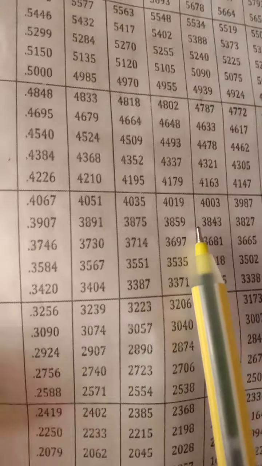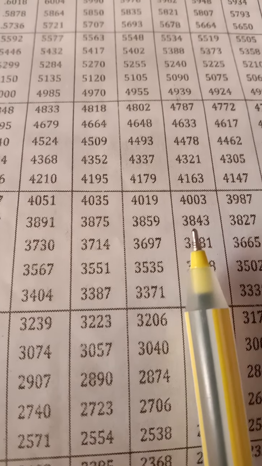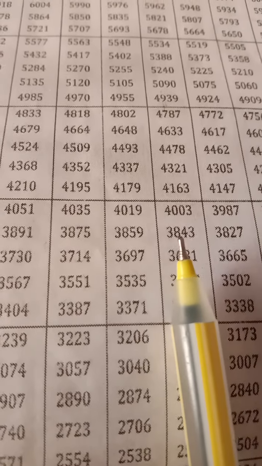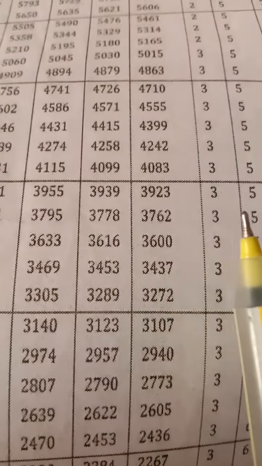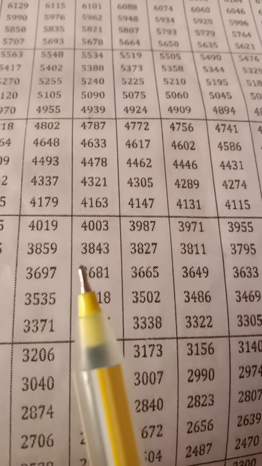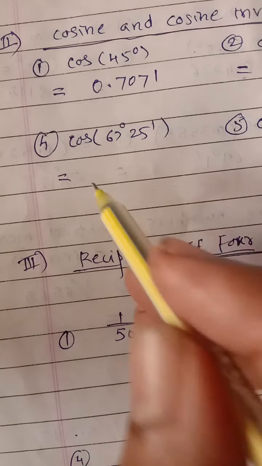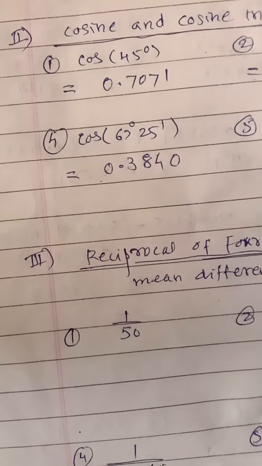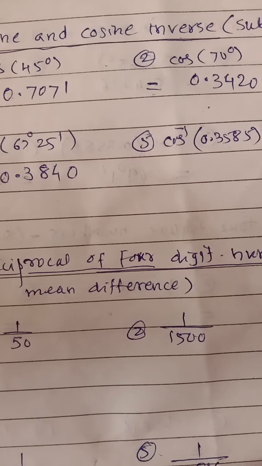For this 24, this value will be our required value, that is 3843, but it is for 24 minutes, and therefore 0.3843 minus 3 will be 0.3840. This will be the value of cos of 67 degree 25 minutes.